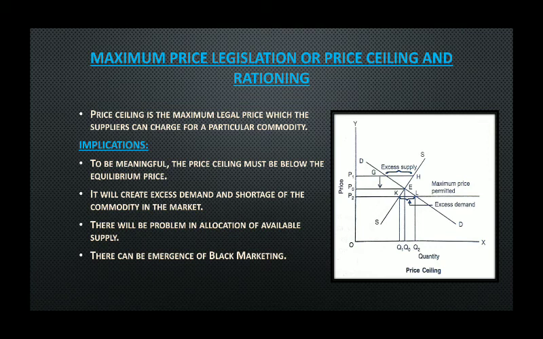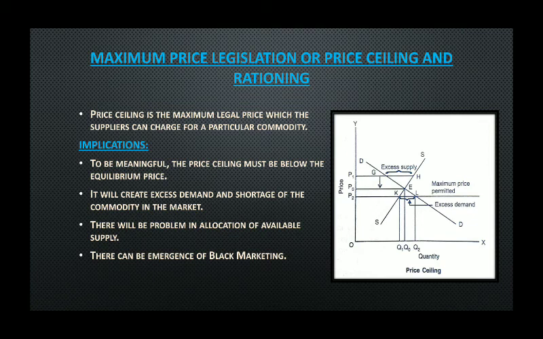Now, let's discuss its implications. First of all, the most important implication is its effect on price and quantity. Here you can see a diagram where the demand curve DD and supply curve SS are intersecting at point E and equilibrium price and quantity are OP0 and OQ0.